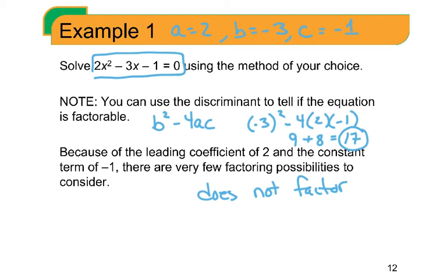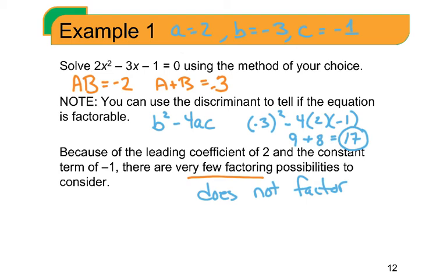Also, if you try to find two numbers, capital A and capital B, such that A times B equals -2 and A plus B equals -3, there are very few possibilities.